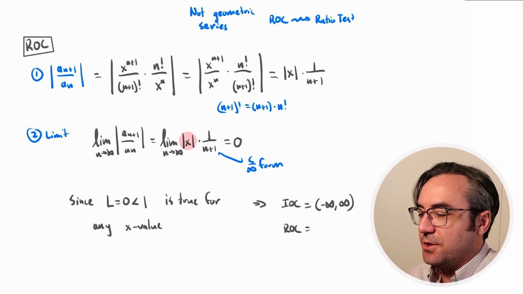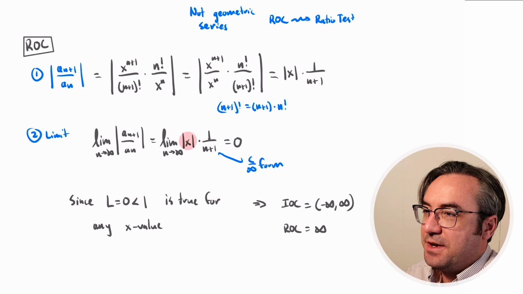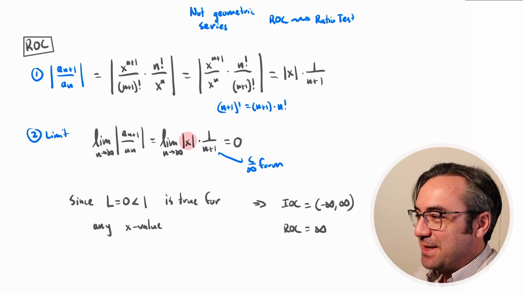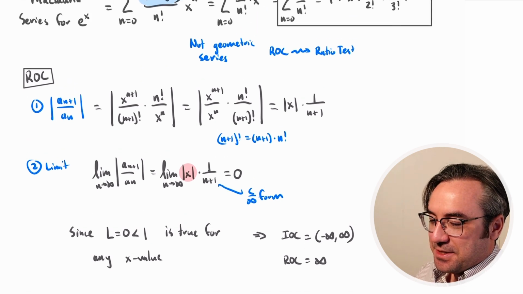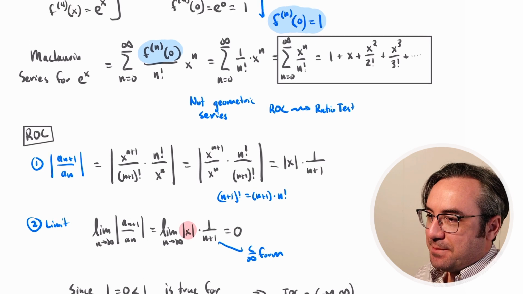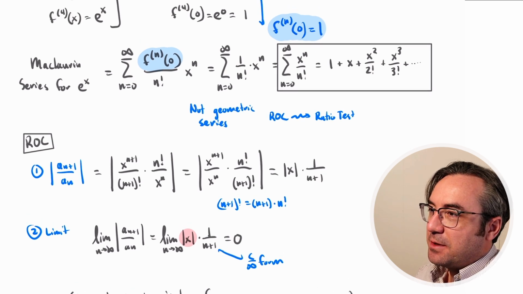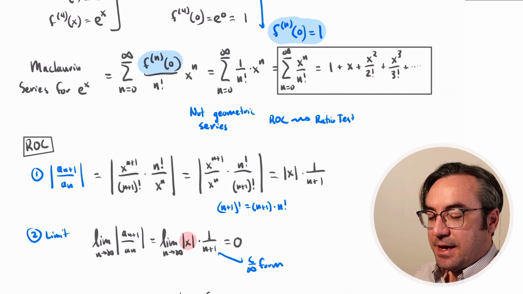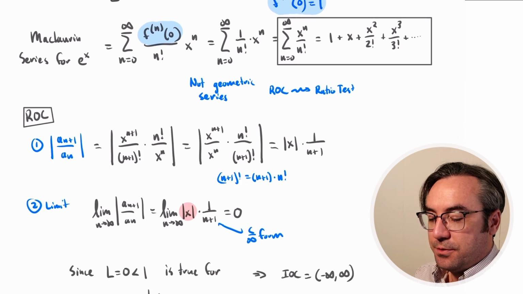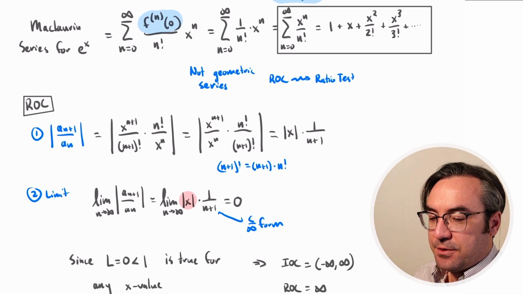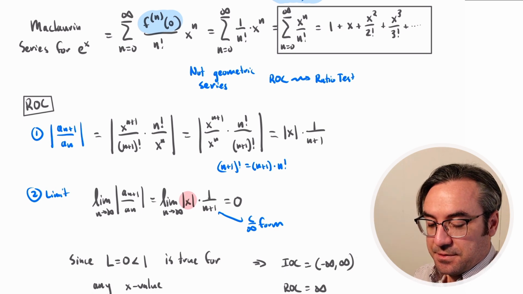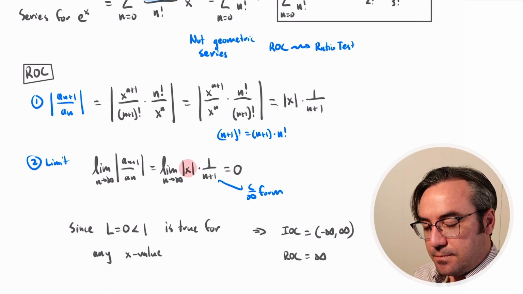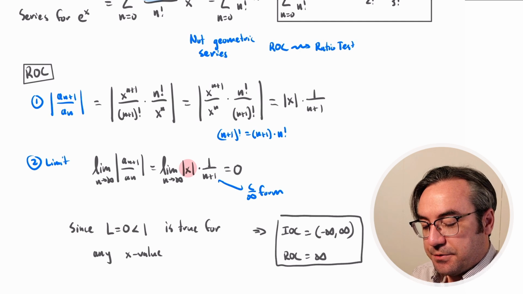It's an infinite width here, so half of infinity is still infinity. So our radius of convergence, we say, is infinite. All right. So in this example, we've found the Maclaurin series for our function e to the x. And we've shown that the interval of convergence and the radius of convergence for this power series include all x values.